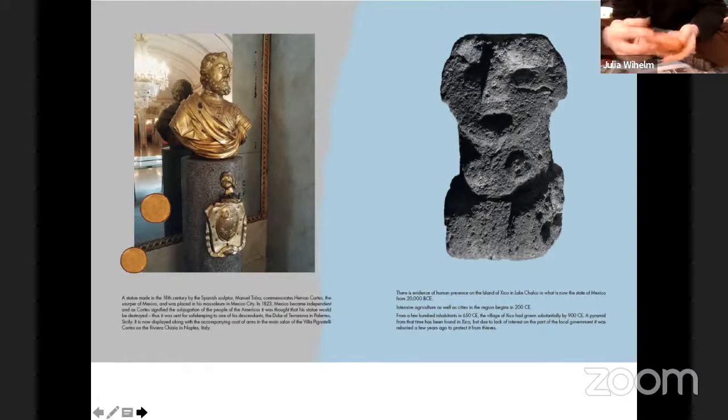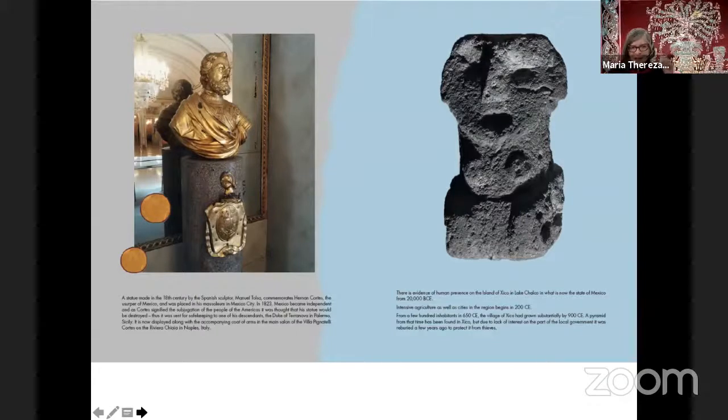The book tells the story of Xico and its riches taken by Hernan Cortez, and finally ending up in Naples, Italy. The next heir to the title of the Marquesa of the Valle of Oaxaca, which is still an active title. So just imagine what that is as an active title.